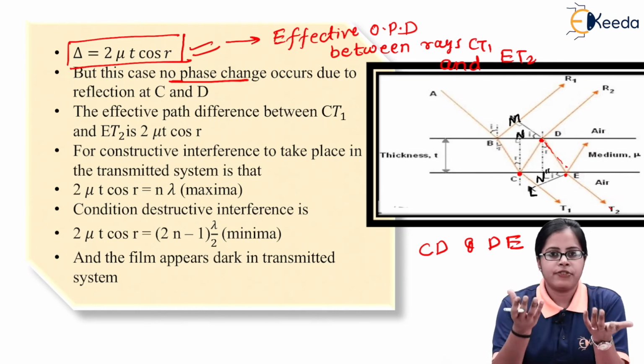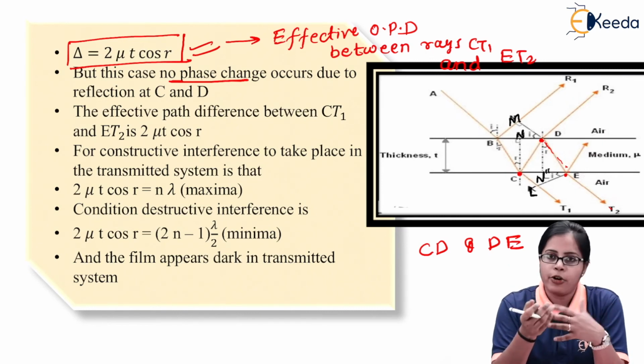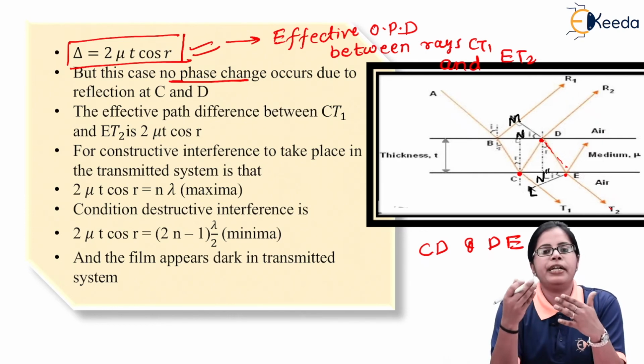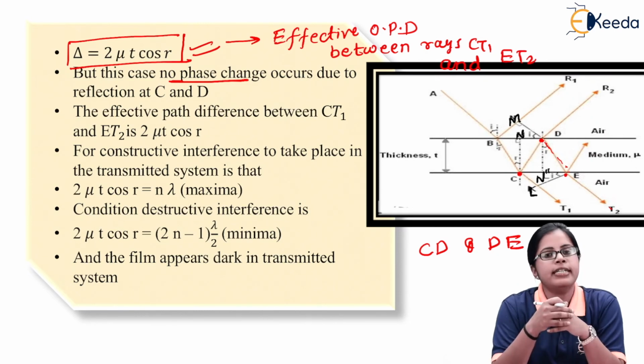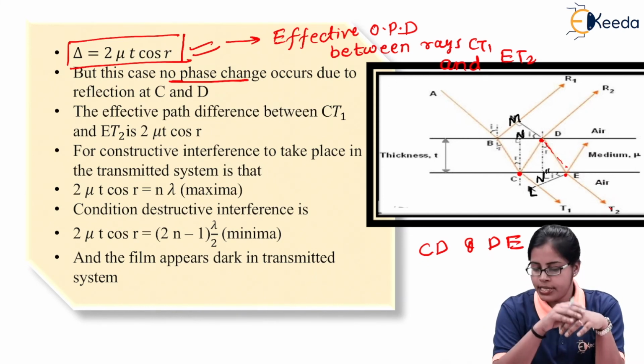So obviously we need to check the conditions to get maxima or minima. Suppose my optical path difference is equal to an integral multiple of lambda, then obviously it gives me the condition of bright band, or maxima, or the constructive interference of transmitted rays. If the optical path difference is an odd multiple of lambda by 2, it will give me the condition for minima, or dark band, or destructive interference.